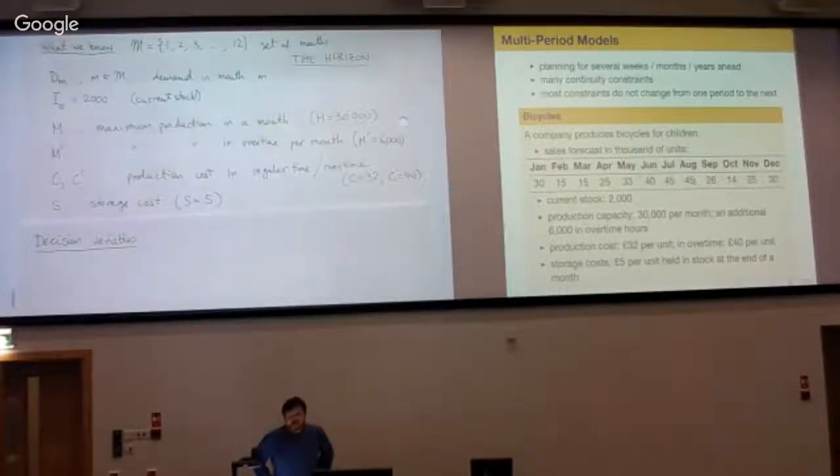Or is there anything else that we know from the bracket? What are the decision variables?